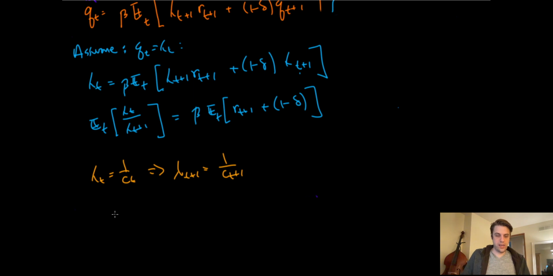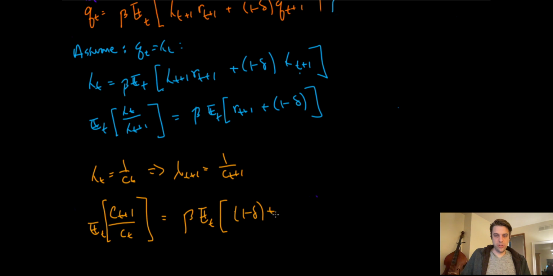So we can write this as ct plus 1 divided by ct, and this is an expectation, of course, is equal to beta expectation of 1 minus delta plus rt plus 1. Okay, and this is exactly our typical Euler equation.